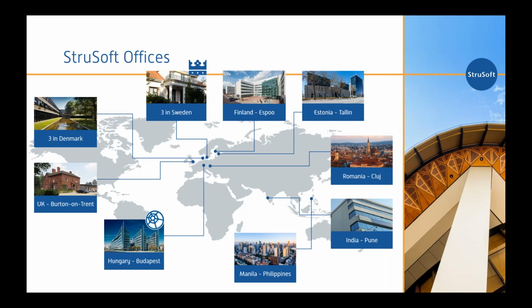StruSoft has offices around the world as well. The headquarters is in Malmö, Sweden, where we have 3 offices. We have 3 offices in Denmark. As I said, our latest office in Finland. We have offices in Estonia, Romania, India, Philippines, Hungary.